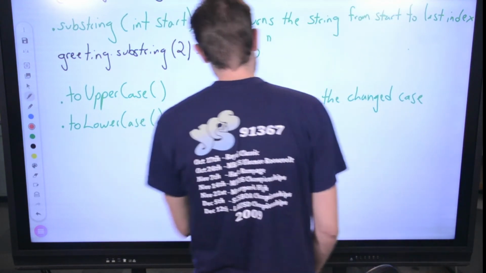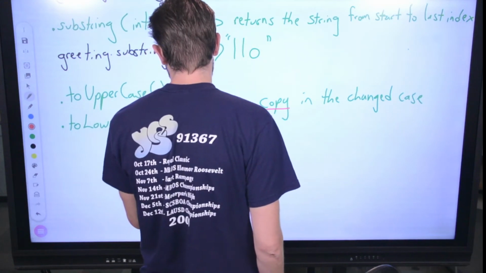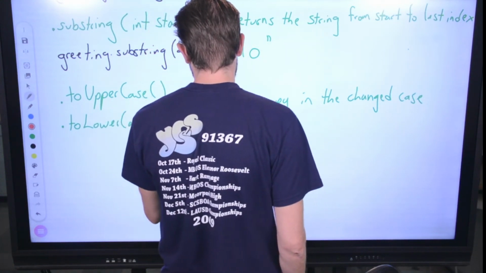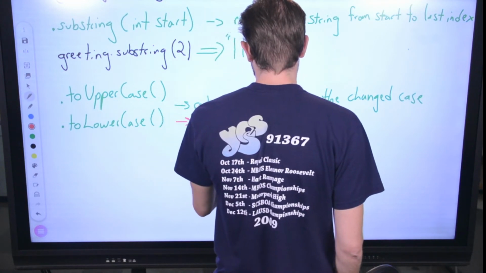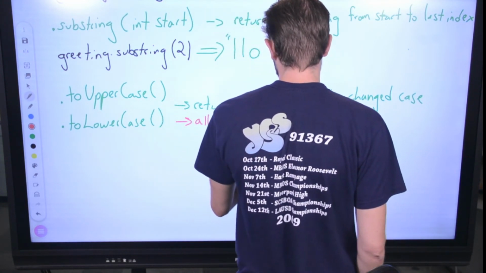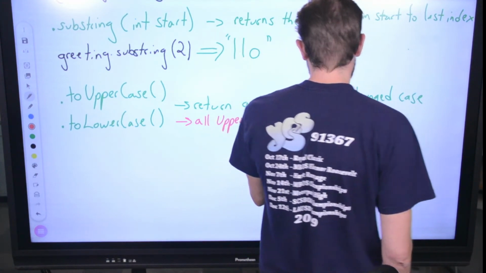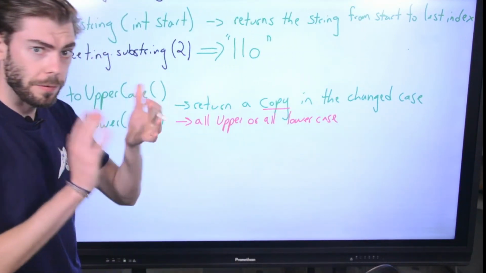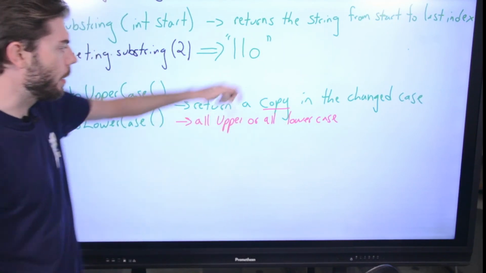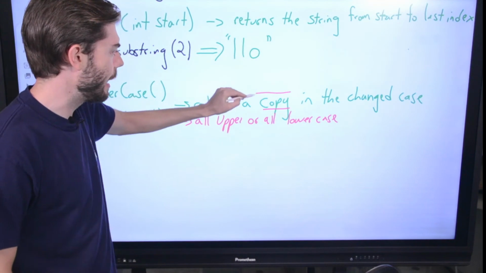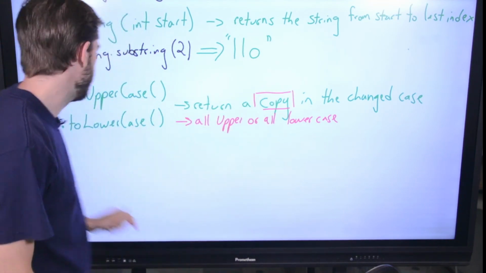So it returns a copy, and it changes the entire string. So they become all upper or all lowercase letters. So it doesn't switch or flip or flop. It changes everything either to all uppercase or all lowercase, and it returns a copy. So it doesn't actually change the string, it only returns a copy.